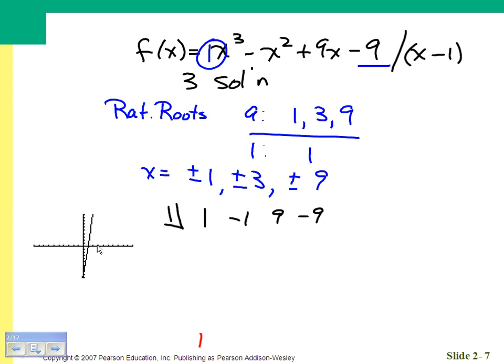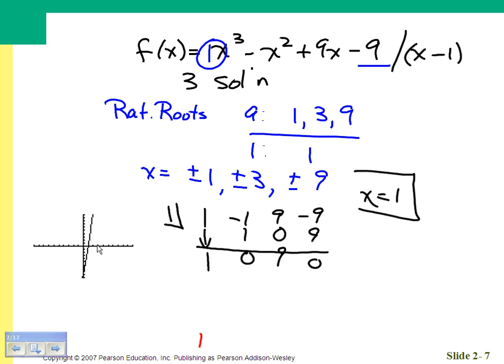I'm going to just divide by x minus 1 to simplify the equation. 1 comes down. Minus 1, 0. Just work through this quickly. And I am left with no remainder, which does indicate that 1 is a solution. So x equals 1 is one of my 3 solutions. There's 1 down, 2 to go.